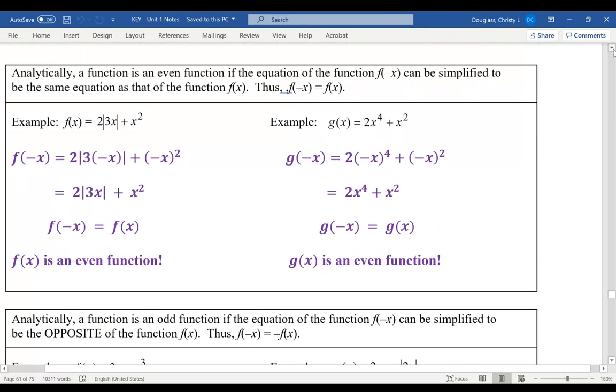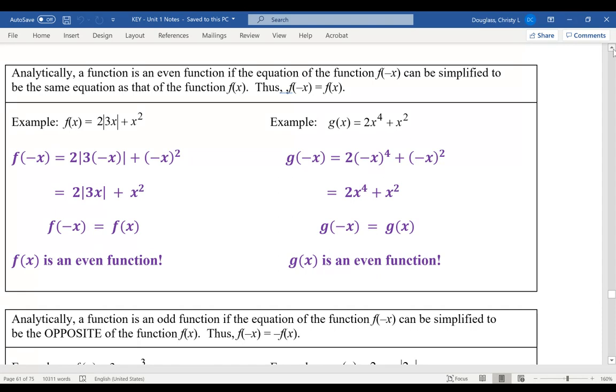Okay. In these first two examples, we're going to look analytically at some functions. Notice we do not have the graphs like we did at the beginning. And what we're going to do to determine if we have an even or an odd function is we're simply going to replace x with negative x.